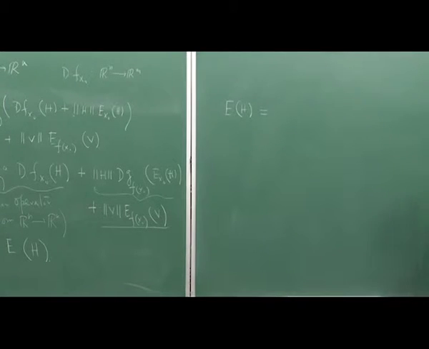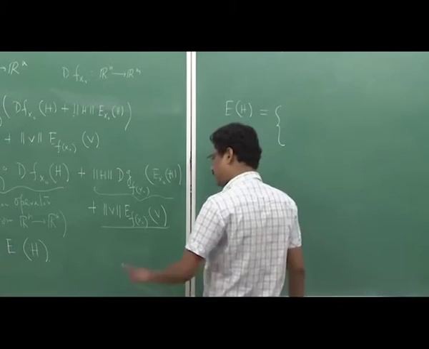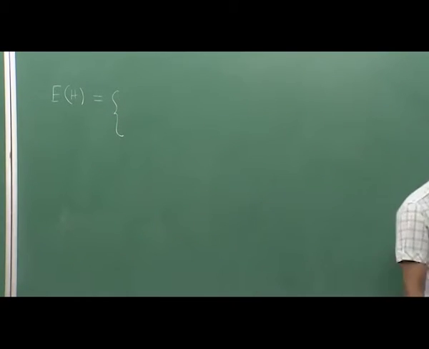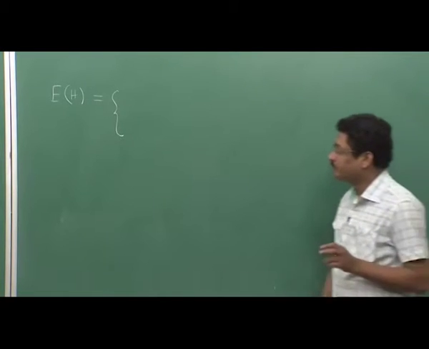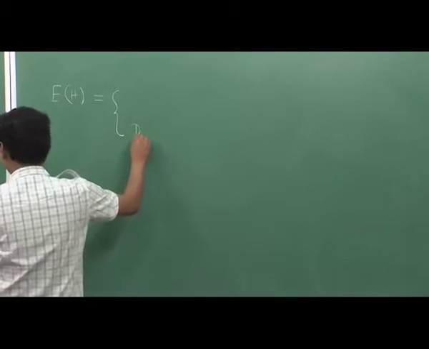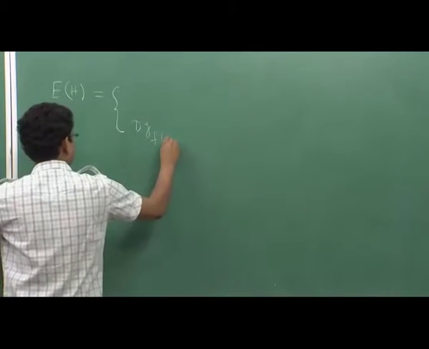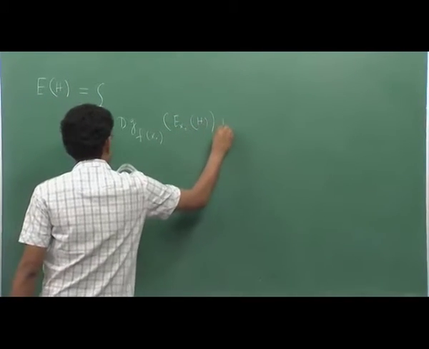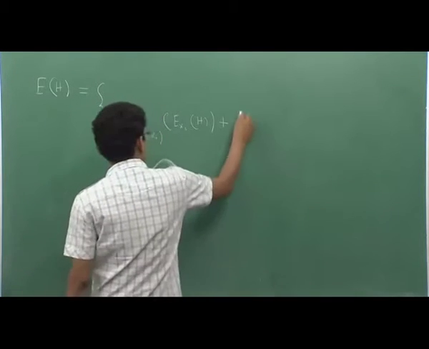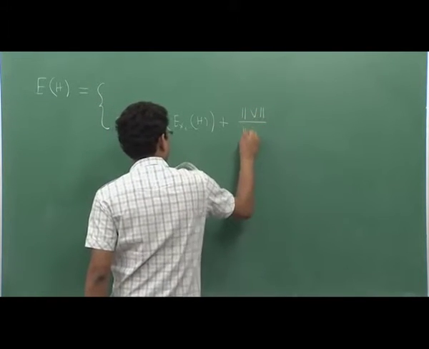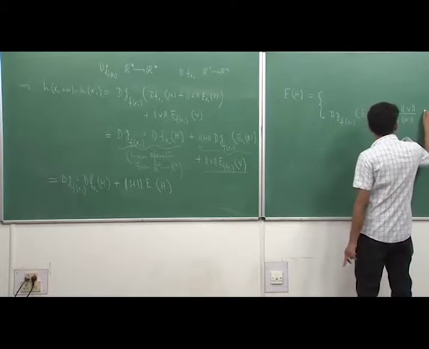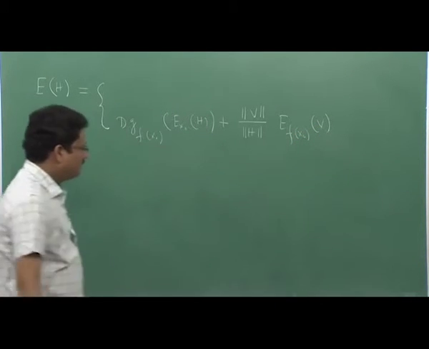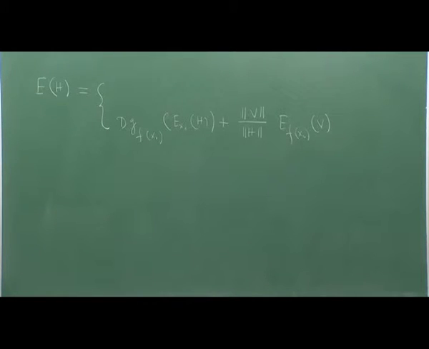E H is, well, this is equal to, if I want to write it in norm H form, d g f x naught at E x naught h plus norm V by norm H, E f x naught, V. But you see this is divided by norm H, so H is non-zero.